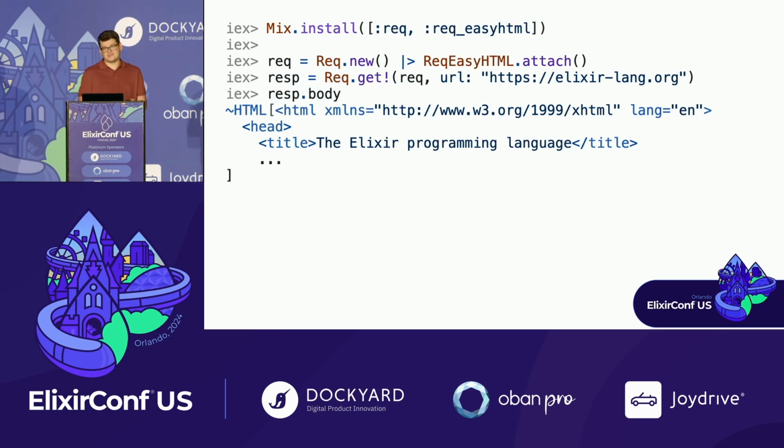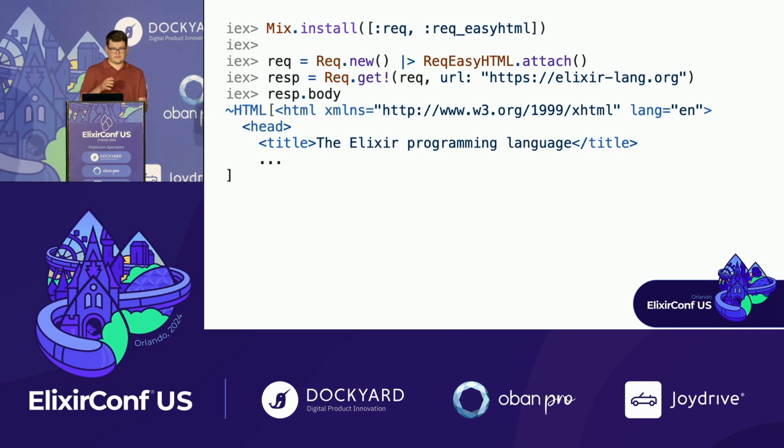Again, I did mention sigils and custom printing. It decodes it into a struct that implements the Inspect protocol, pretty-prints the HTML in a way that we are familiar with. We can even use colors and stuff. So it's really easy to find data that way.